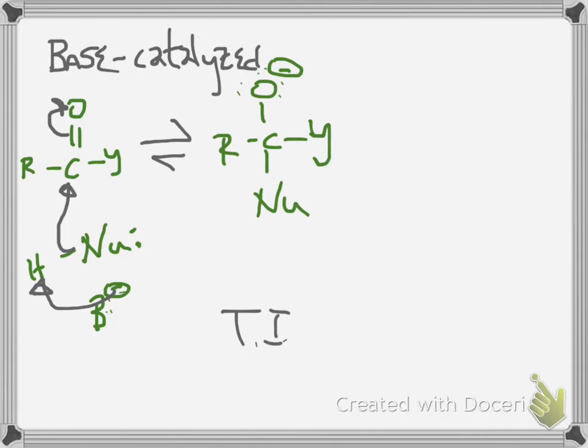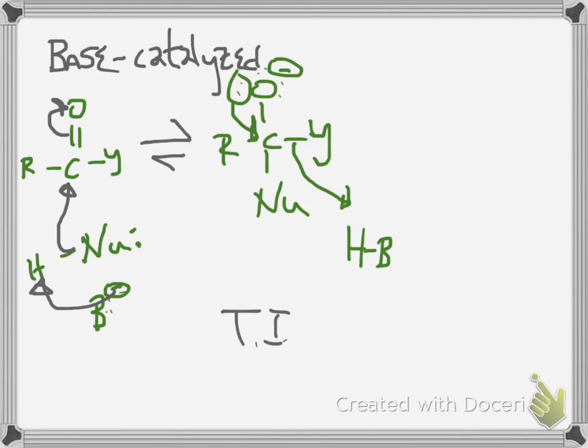Once you form the tetrahedral intermediate, you're going to get collapse of the tetrahedral intermediate, boom, and we have the Y group leaving. And I'm going to show that the Y group is taking the hydrogen back to get your base.